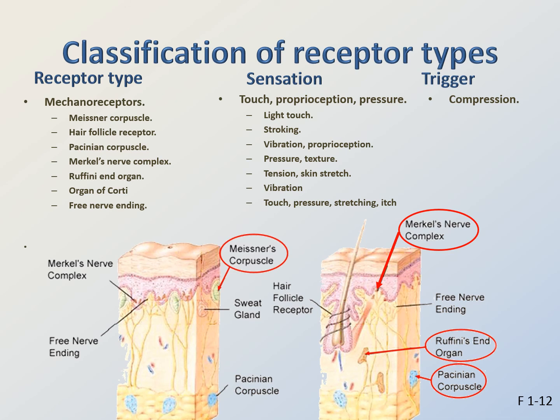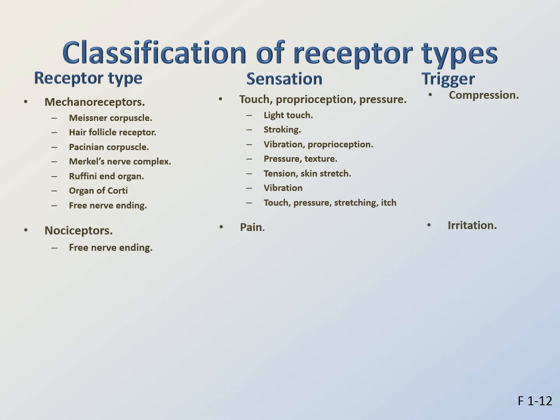Many free nerve endings are capable of detecting multiple inputs, and some of those are associated with some type of mild irritation. When the irritation is more significant, then the sensation becomes pain, and it is detected by free nerve endings, which are named nociceptors.